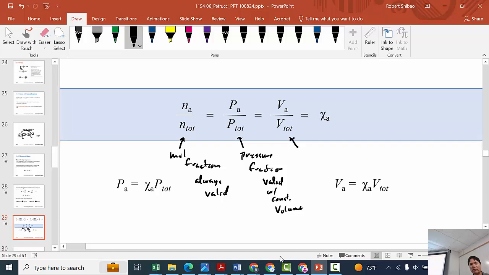And this is the volume fraction. The volume fraction is valid with constant pressure. This is the symbol for the mole fraction.